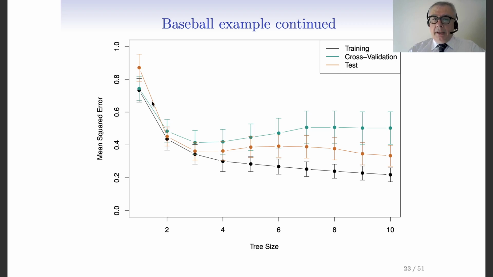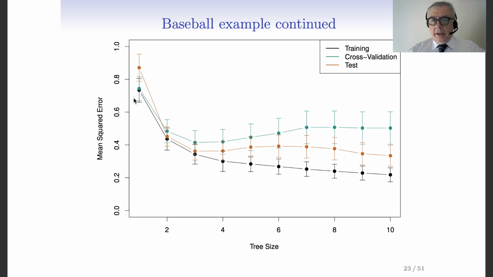All right, you can see in black, these are the training mean squared errors, and they are plotted as a function of the tree size, so the number of regions.